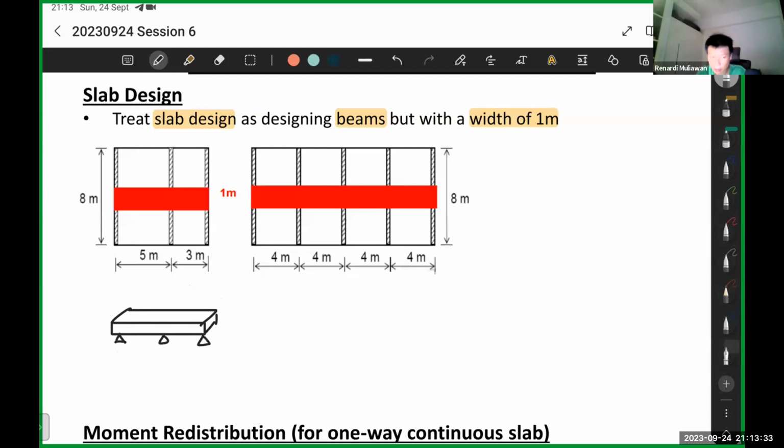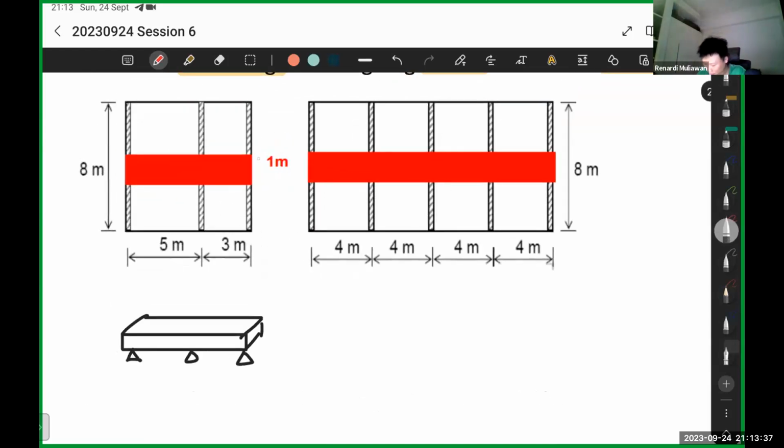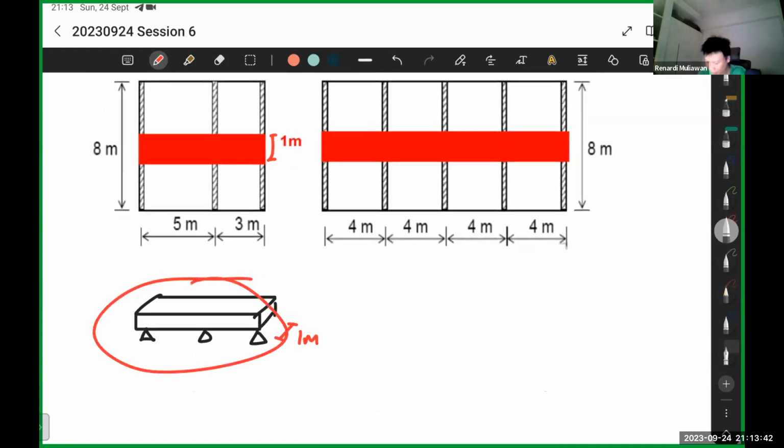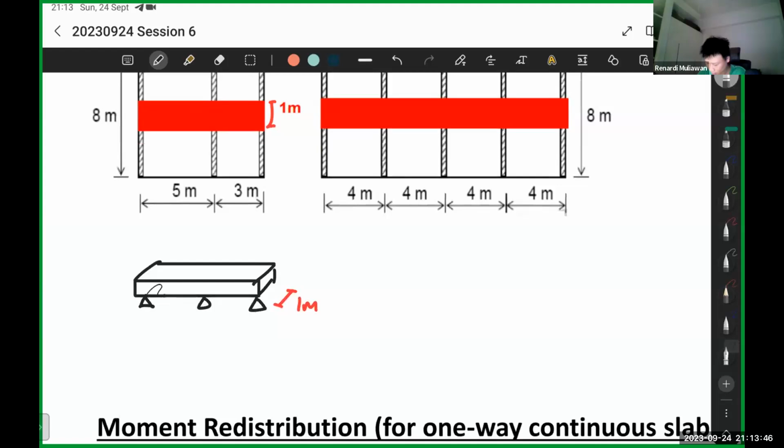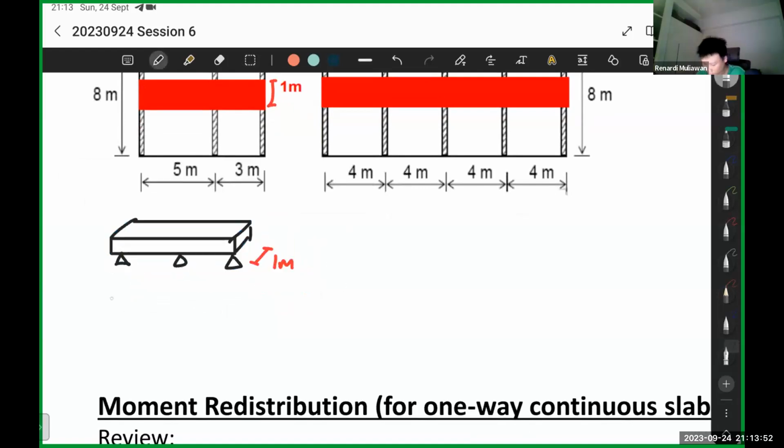So if you notice here, we have a sort of beam. The 1 meter here is actually the 1 meter here. When you look at this shape, it really looks like a beam. So the bending moment will look something like this for this slab slash beam.